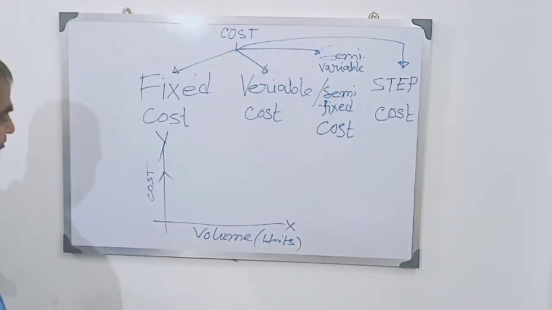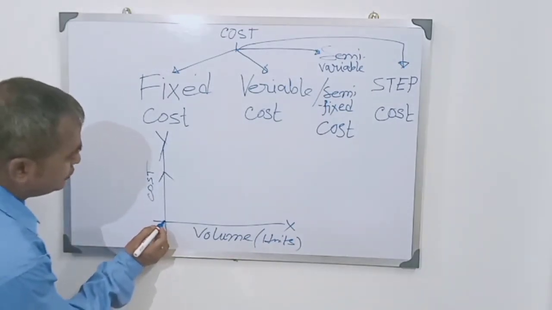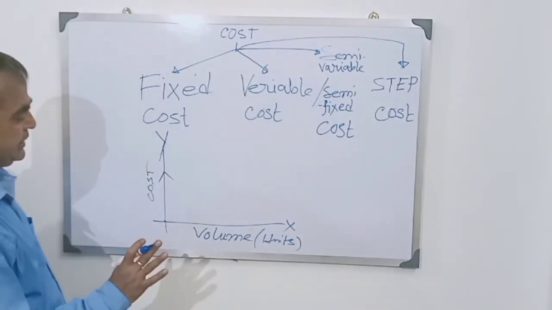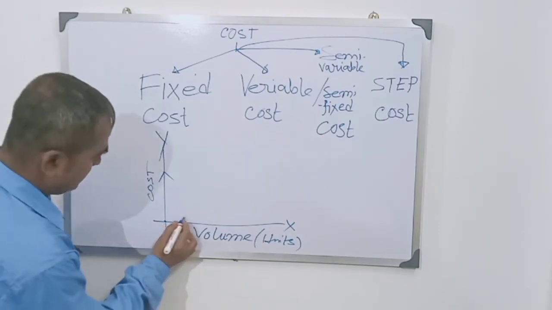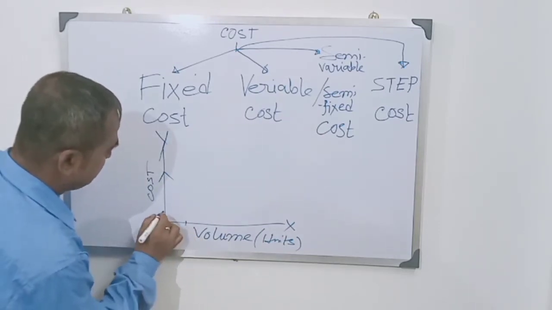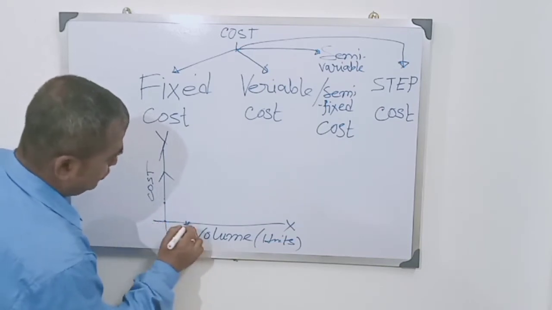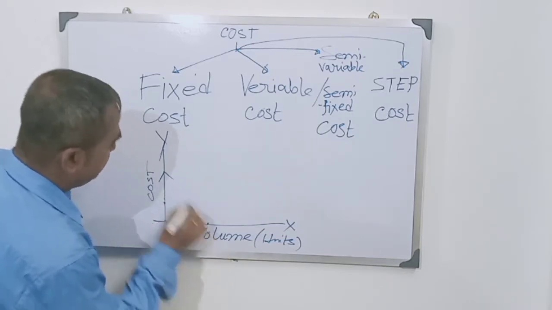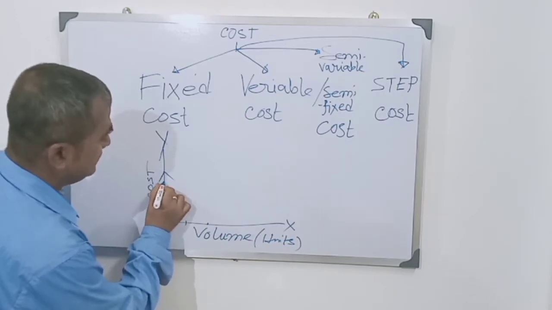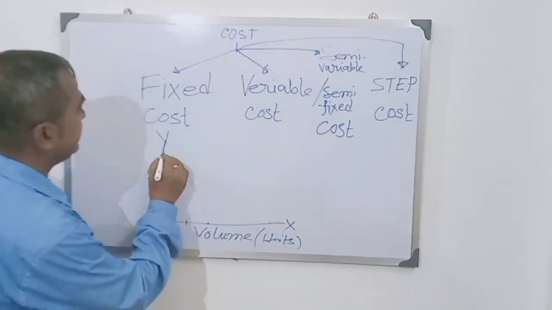When you do not produce, no expenditure. When you produce 1,000 units, certain cost you have to incur. 2,000 units, again certain cost. 5,000 units, again certain cost.